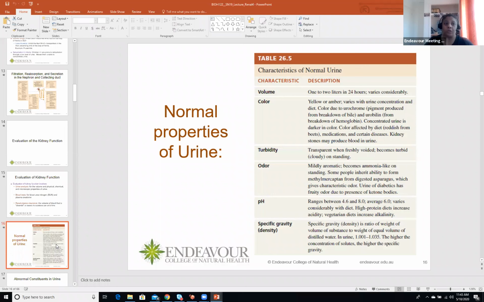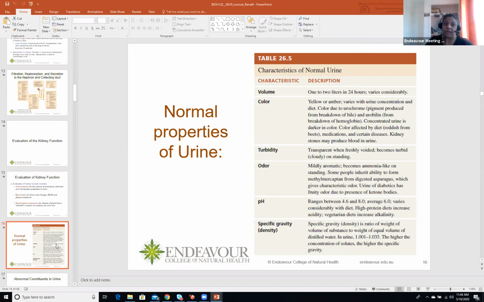Odor, generally urine has a very mild aromatic odor like ammonia. This odor will increase if the concentration of urea in urine is higher. So in concentrated urine, it will be a very strong odor. Okay. Urine is always slightly acidic, so the pH of the urine remains very, very low compared to that of the plasma.